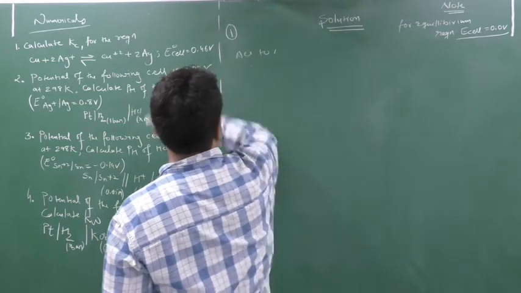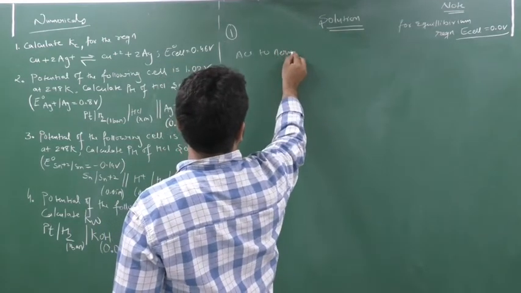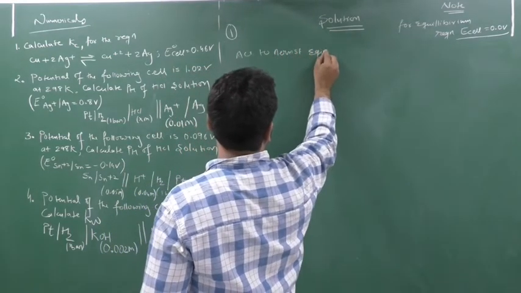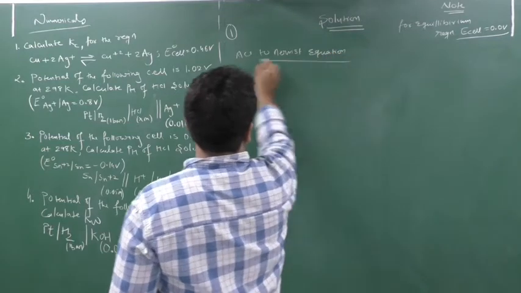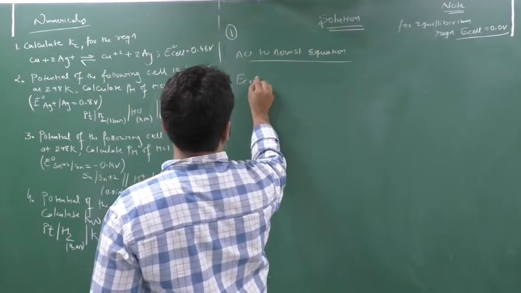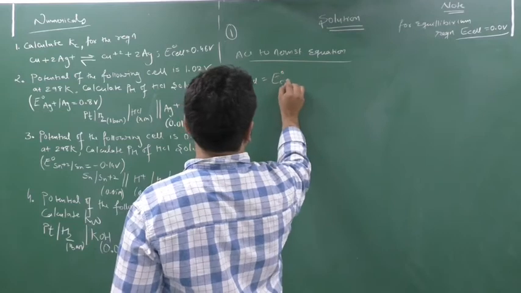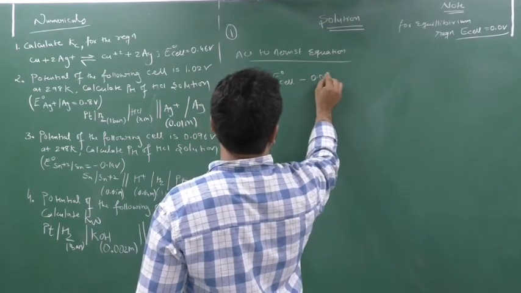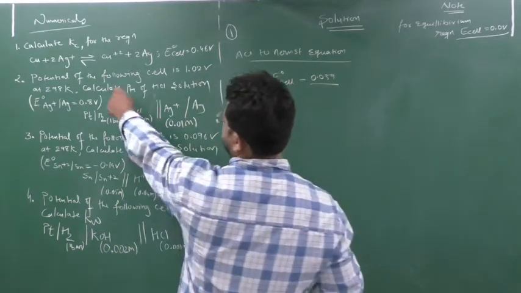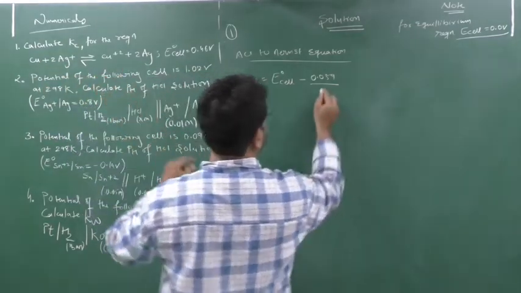I am solving problem number 1. According to the Nernst equation, E cell equals E naught cell minus 0.059 upon n. n, you can see the transfer of electrons is 2.